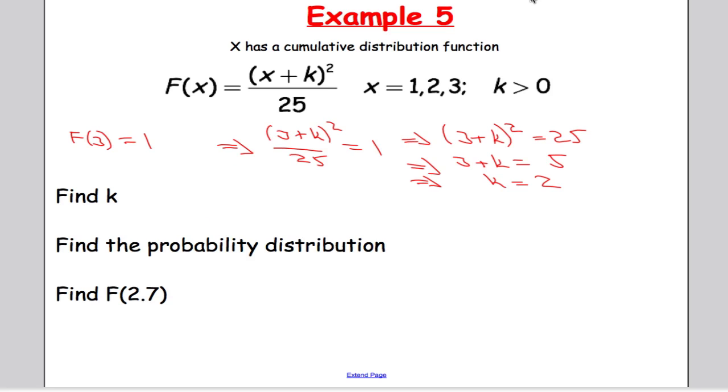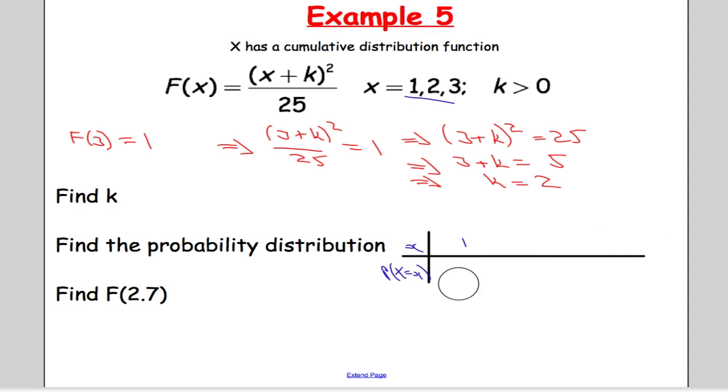Now I can draw the probability distribution. So that's what we're going to do. We're going to draw the probability distribution for x, the probability that x equals x. The particular values we have for x are 1, 2, and 3. Right, so when x equals 1, in fact, let's not do the probability distribution table.